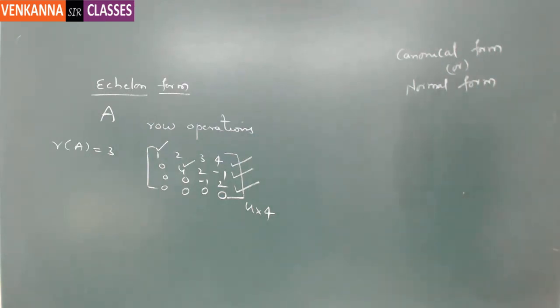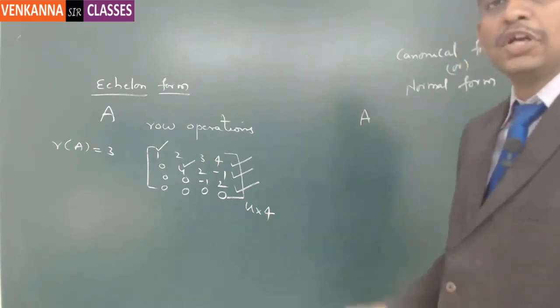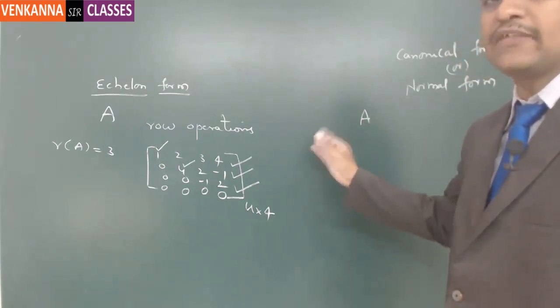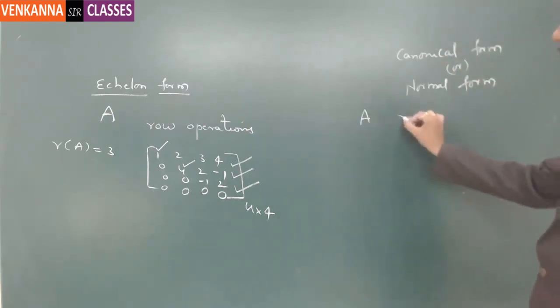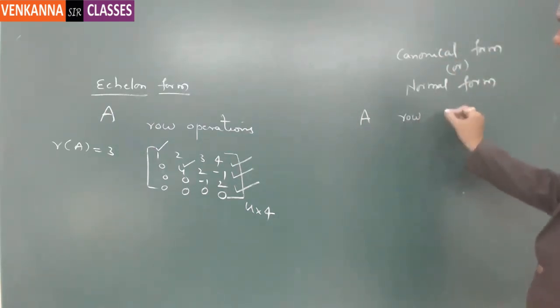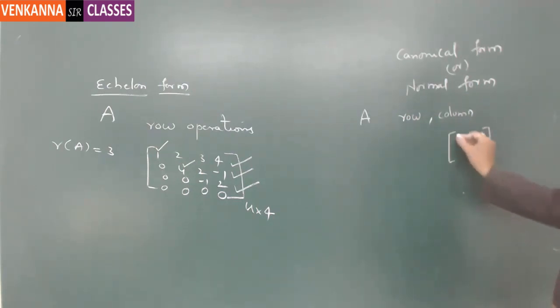So what does it mean? You take the matrix A, a rectangular matrix or square matrix, that is up to you. On this matrix, we apply row operations and also column operations, both. And we reduce it to the form IR 0 0.